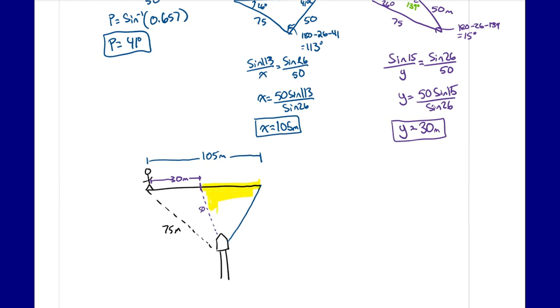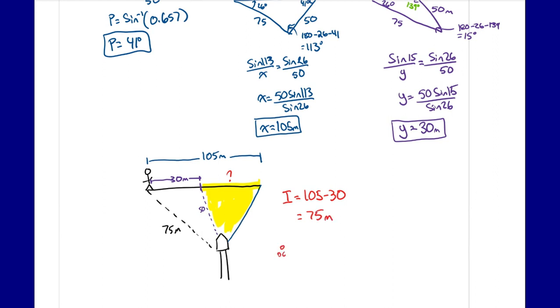If we think of like an arc of the light, or a triangle coming out, it's going to cover that much. The question is asking us, what is that distance? So the illuminated part, we'll just call it I, is equal to 105 minus 30, which equals 75 meters.